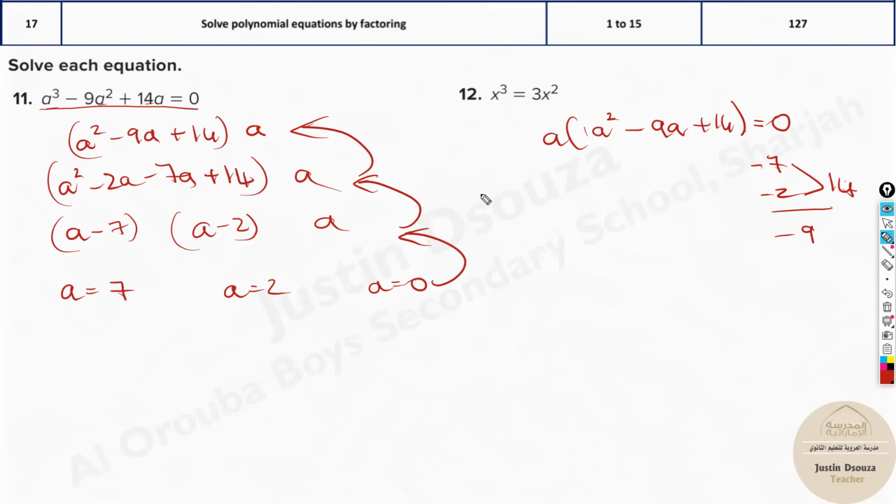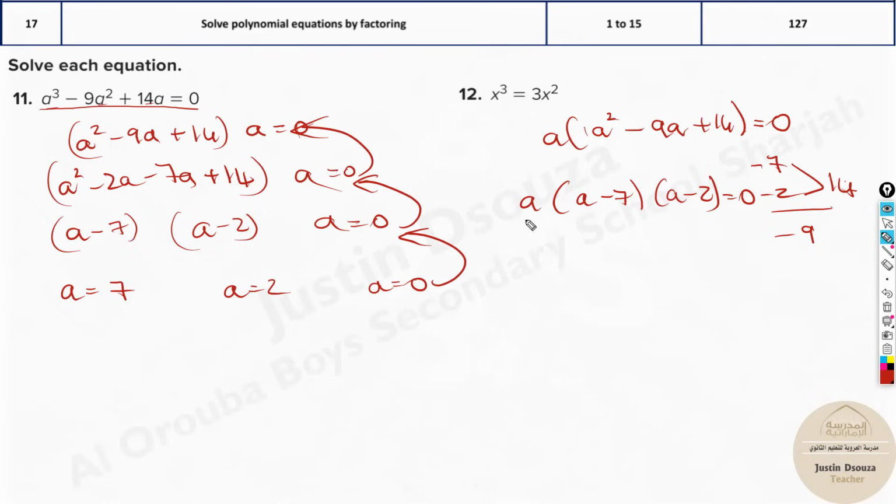That's the answer. So here what happens is, it'll be a, and the factors of this will be a minus 7, a minus 2. And then we write this all equal to 0, isn't it? Okay, I forgot to write it over here. It should all be equal to 0, this entire term.